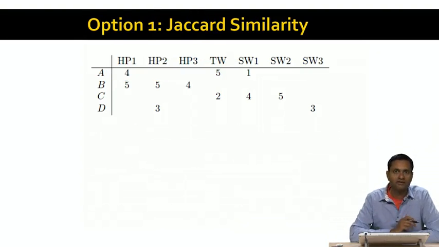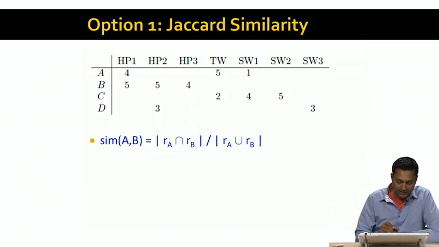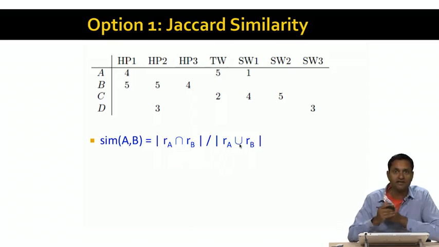So the first option that we try is Jaccard similarity, which we are familiar with from previous lectures. Just as a reminder, the Jaccard similarity of AB is just RA intersection RB divided by RA union RB. We just take the intersection of the rating vectors and divide it by their union. And notice that the Jaccard similarity is nothing but 1 minus the Jaccard distance of RA and RB.